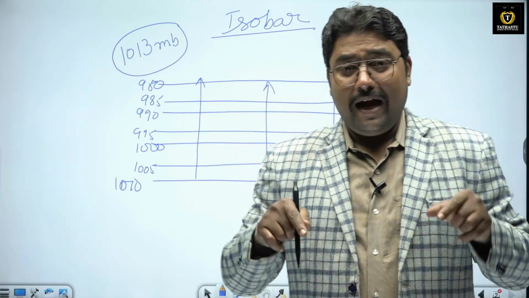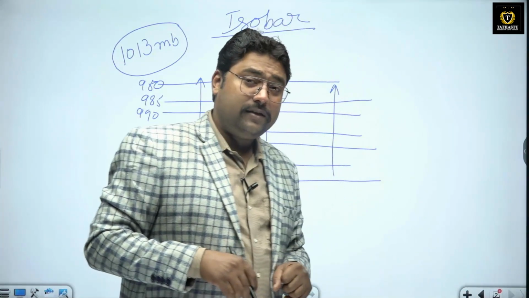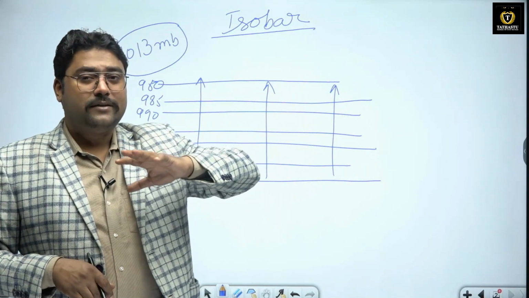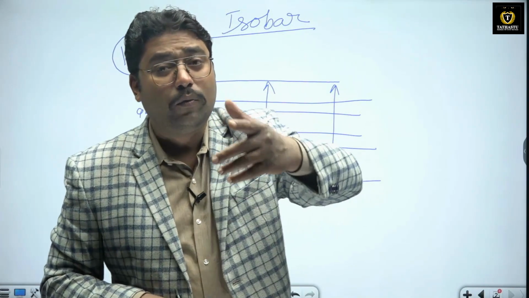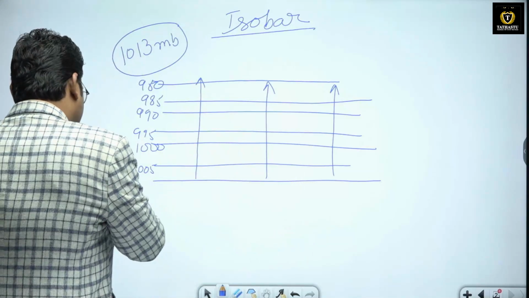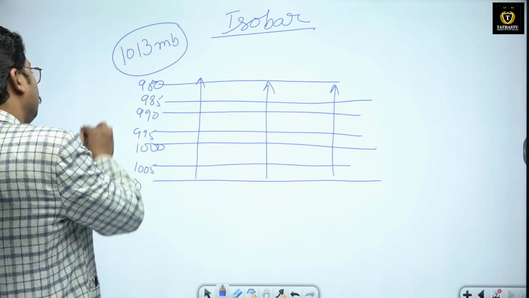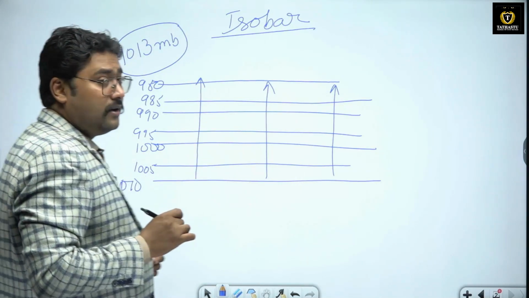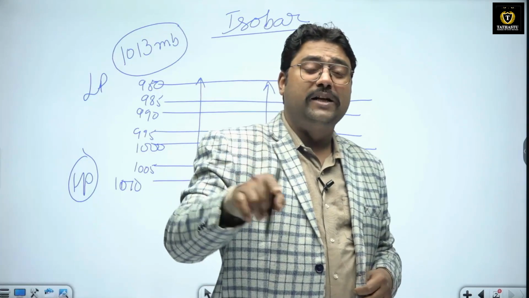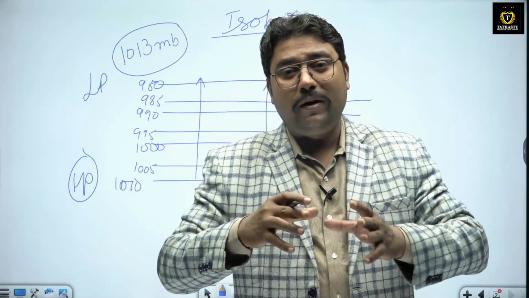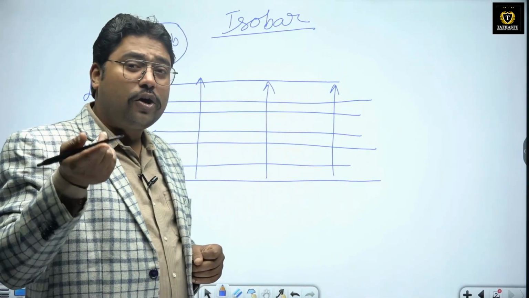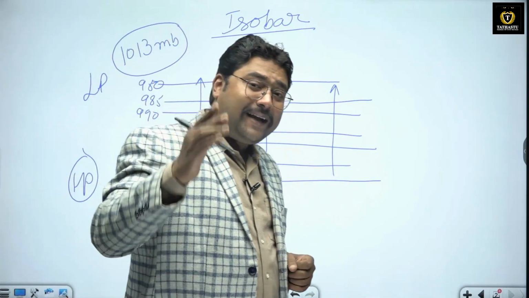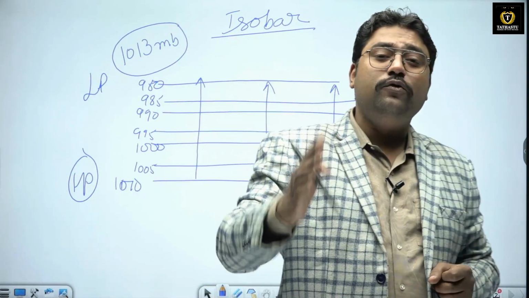Okay, and we know that pressure gradient determines the movement of air or the wind from high pressure towards low pressure. Means due to the formation of pressure, the movement of wind takes place. Now, if we talk about the wind, there are a few factors which are responsible for the movement of wind.